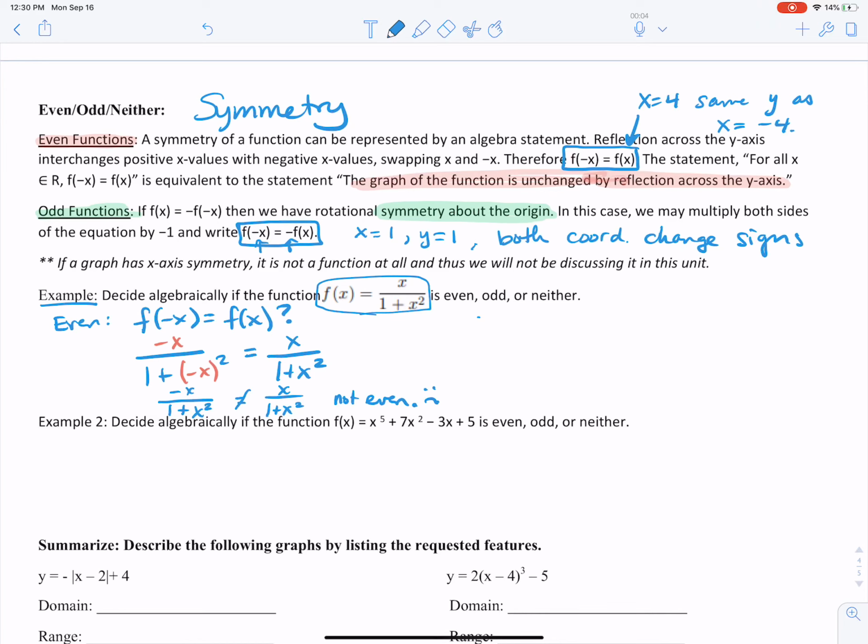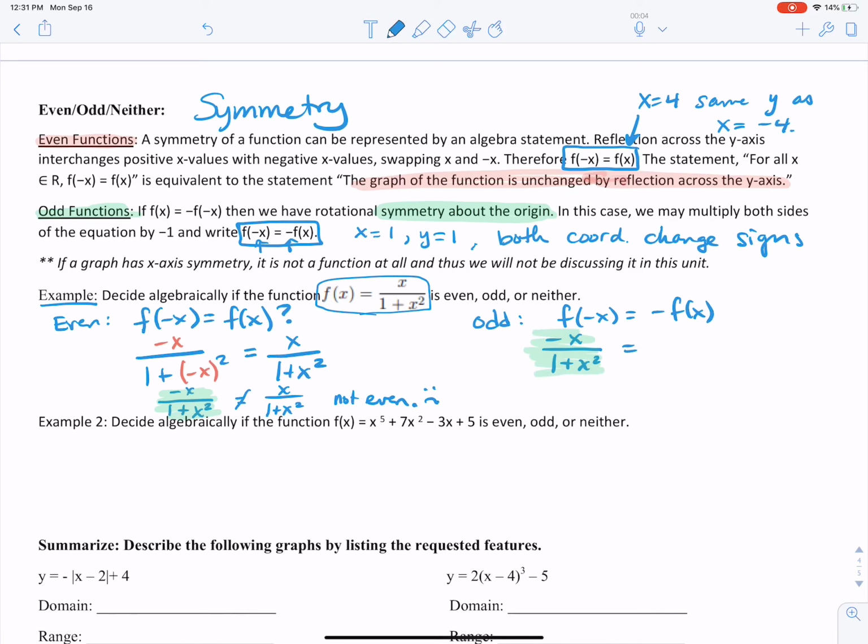All right, is this odd? Now, in order for it to be odd, we use the rule that we boxed in for odd. F of negative x equals negative f of x. Well, f of negative x we just did for even. I'm not going to redo all that work. I'm just going to write down what I got right here.